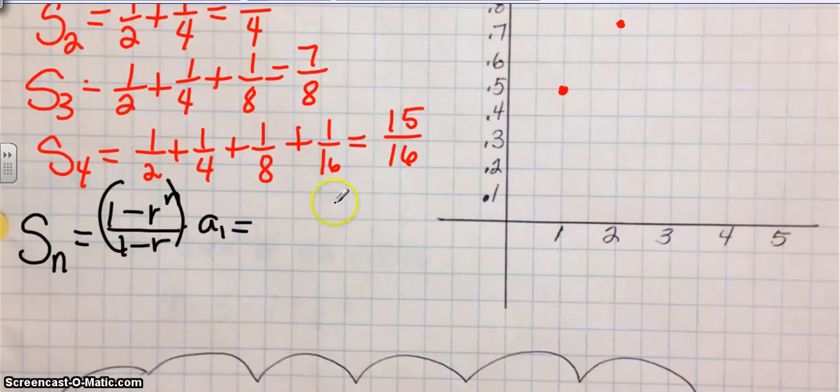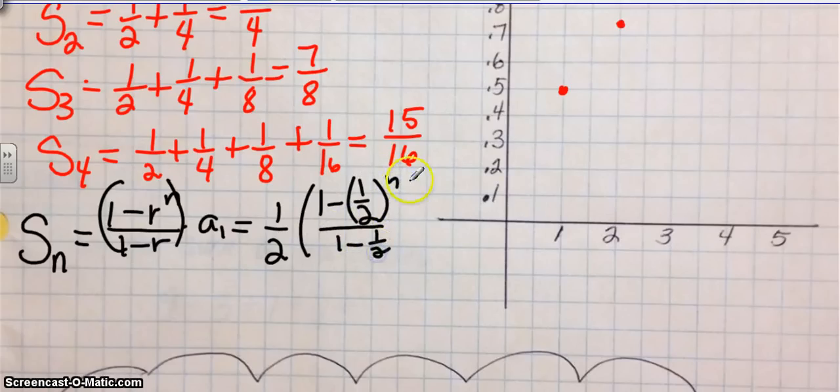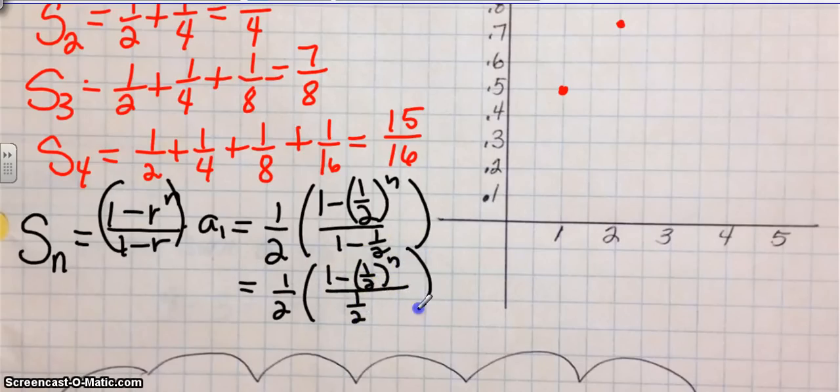And if I substitute in the values that I have in this problem, I would have 1/2 is my a sub 1 times 1 minus 1/2 raised to the nth over 1 minus 1/2. Now this would give me 1/2 times 1 minus 1/2 raised to the nth over 1/2, which would simplify to 1 minus 1/2 raised to the nth.